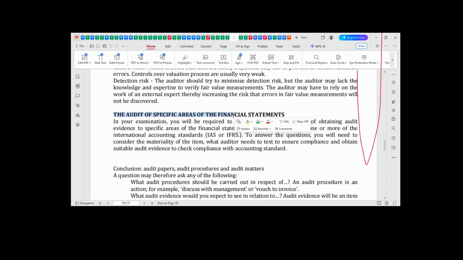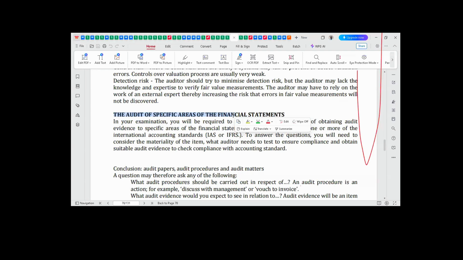How consistent have they been in applying the accounting principles? For instance, for the last 2 years, you have used the sum of digits method for your non-current assets. But this year, you did not use sum of digits method, you're now using a reducing balance method. That means the consistency convention or principle has been compromised. What we are saying here is that the auditor will check whether you have consistently applied those accounting principles. I hope you understand what I'm saying. So that's what I mean by that.